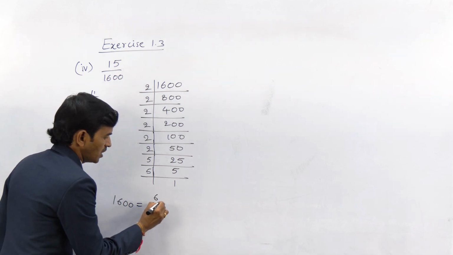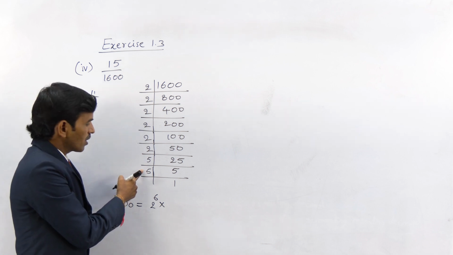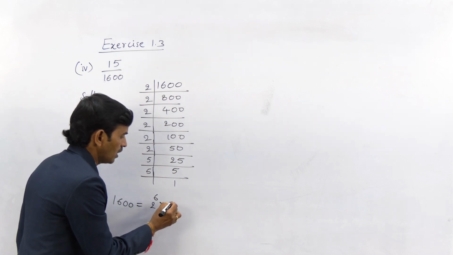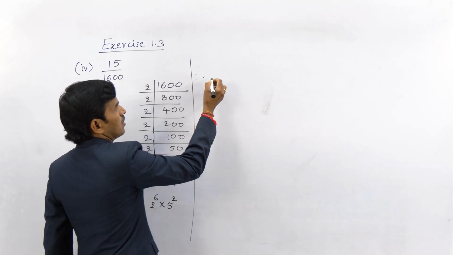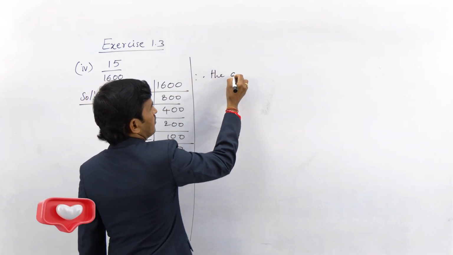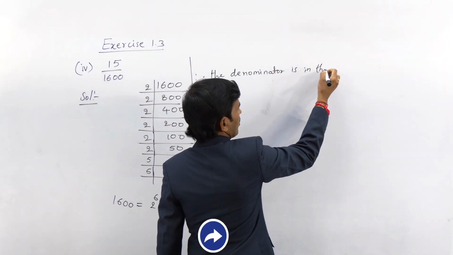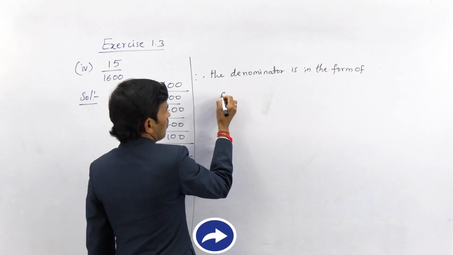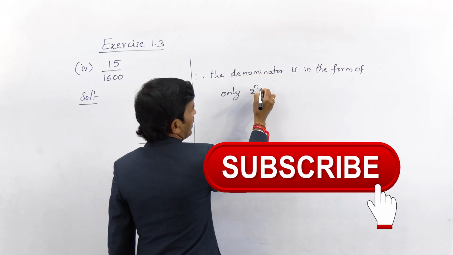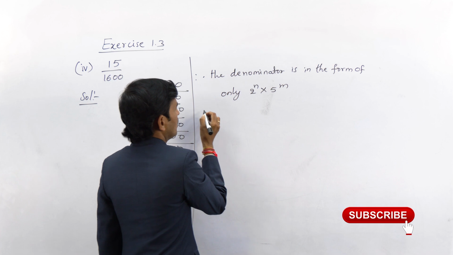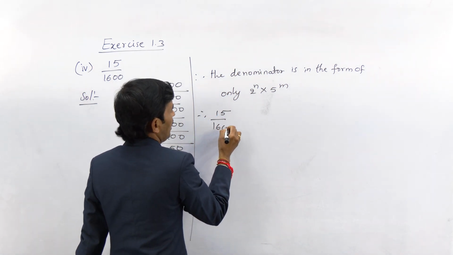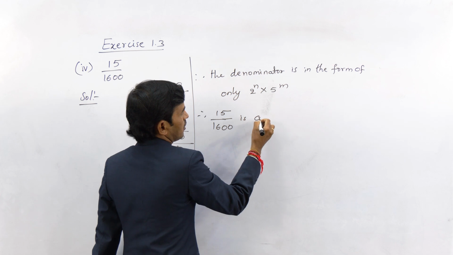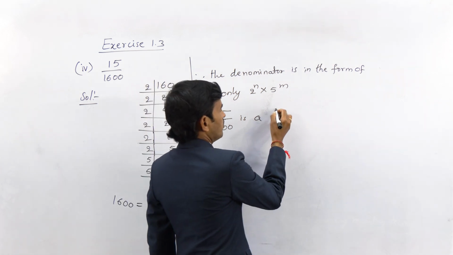So 2 power 6 into 5, 1, 2, so 5 power 2. Therefore, the denominator is in the form of only 2 power n into 5 power m. Therefore, 15 by 1600 is a terminating decimal.